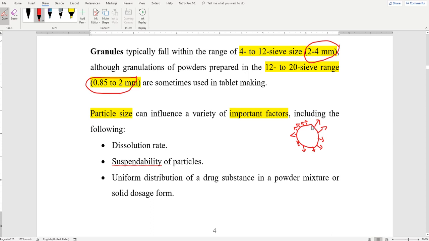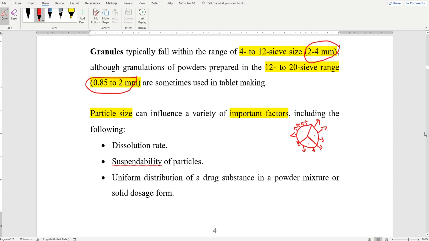Now what happens if you break this particle into 3 parts? Suppose you have a knife or a cutter and you break it into this part, and this part. So what did you do? You increased the number of particles from 1 particle to 3 particles.